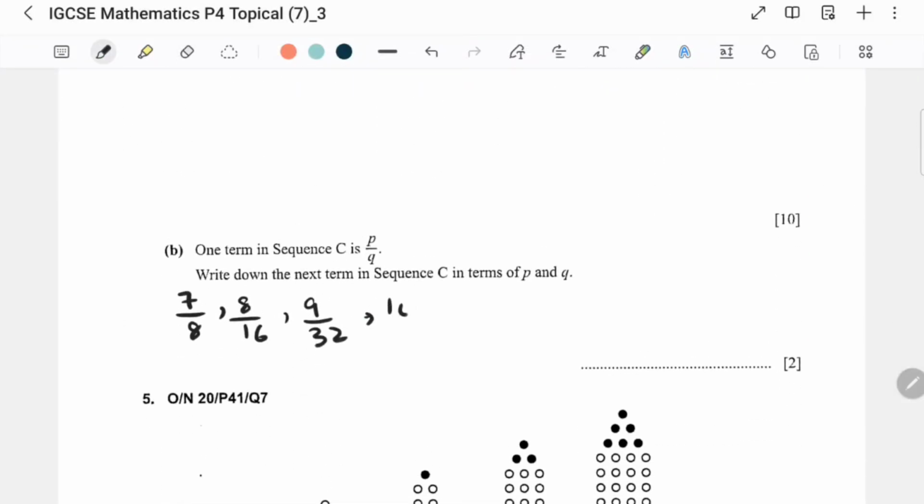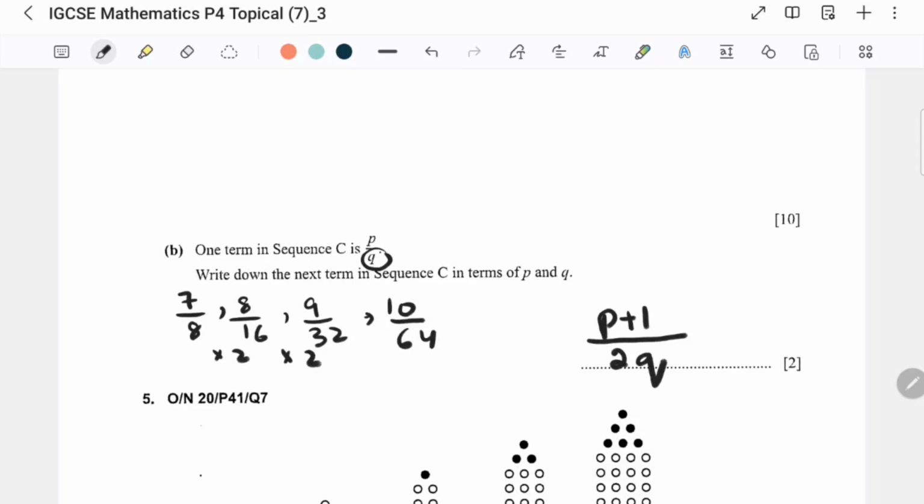Now you just see that in the numerator the terms are increasing by 1, so you can write p plus 1. And whenever you look at the relation between each term in the denominator, they are multiplying by 2. So it is q here, so you can write 2q.